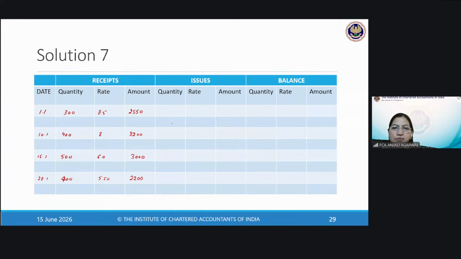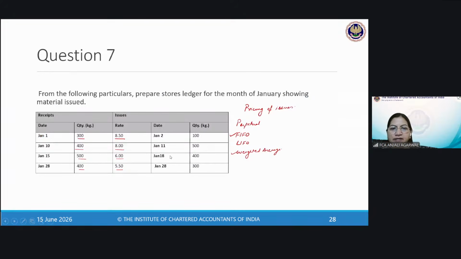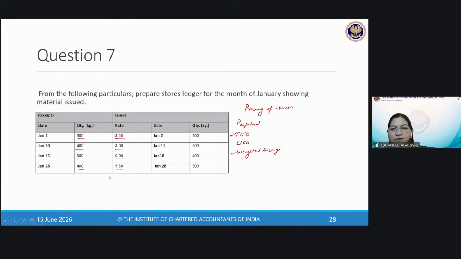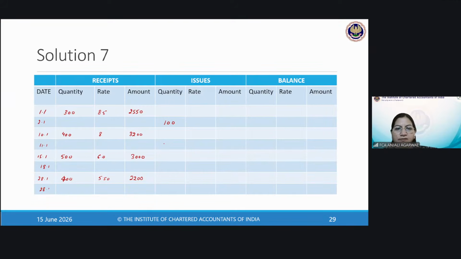What are the issues? The issues are on 2nd, 11, 18, and 28. So this is the whole question.